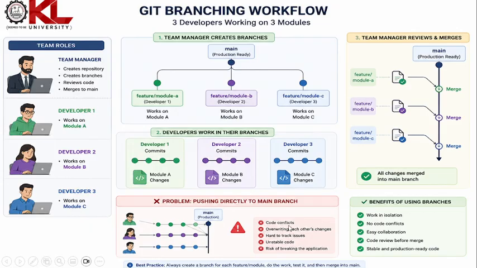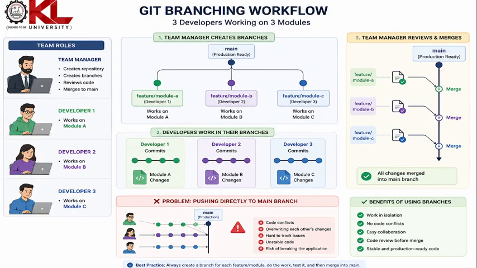There might be a code conflict, and there is a good chance a developer will override the others' code, leading to unstable code. If any vulnerabilities occur, then it is very difficult.